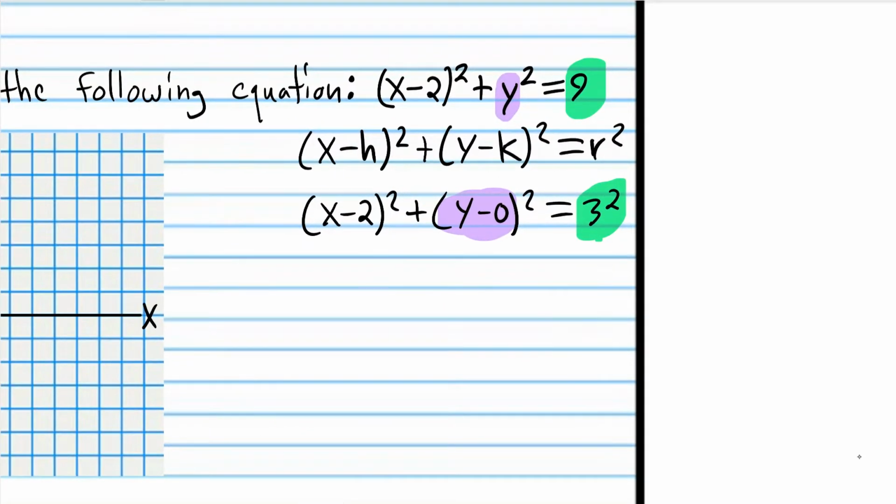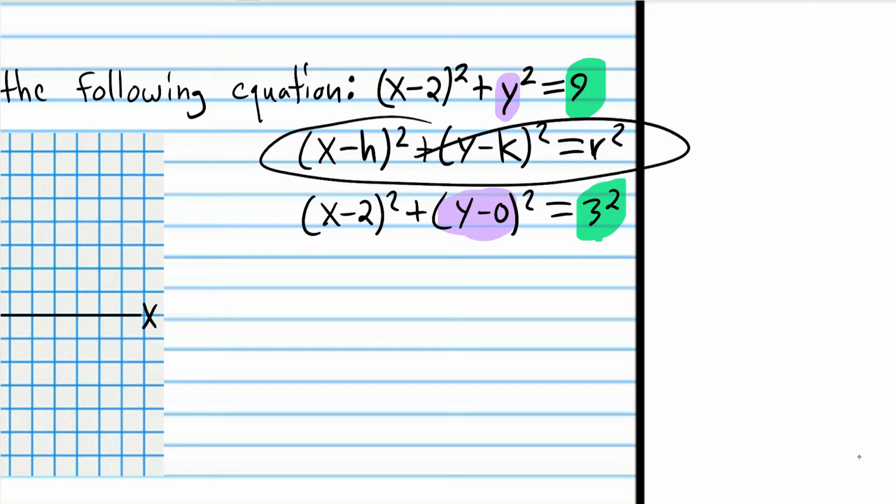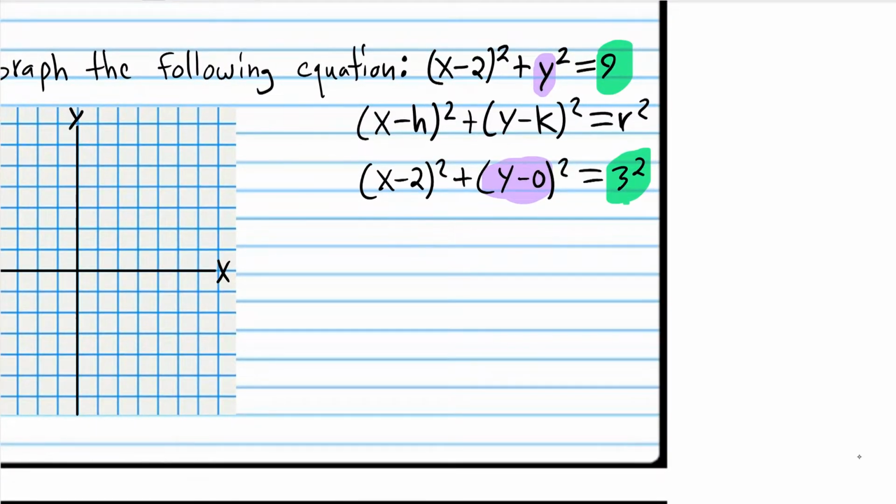And think about that. Am I allowed to do that? Is that legal? I mean, y minus 0 is the same thing as y, right? The purple y minus 0 is the same thing as y. And the green 9 is the same thing as 3 squared. So I did that because now it looks more like the basic form. We can start identifying things.